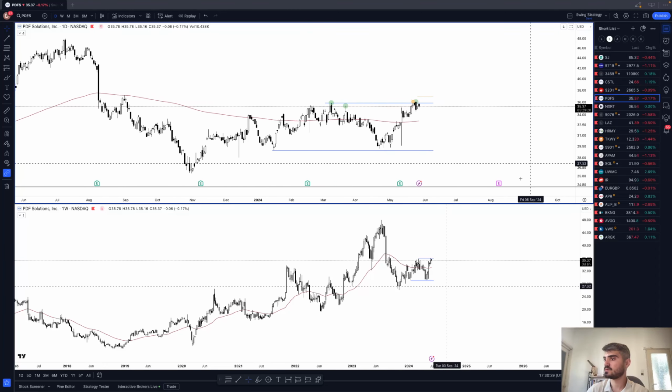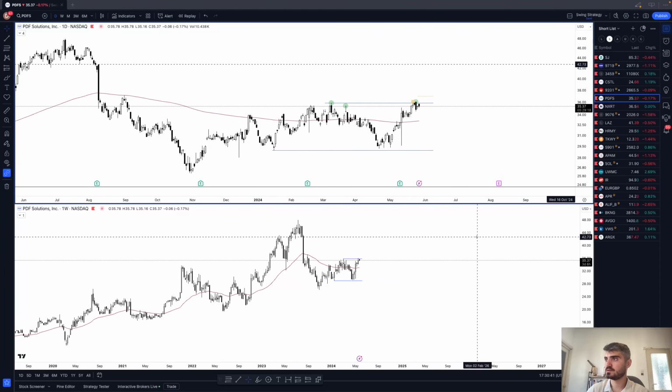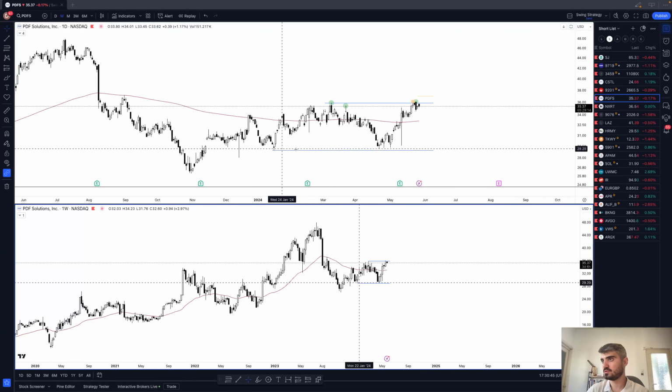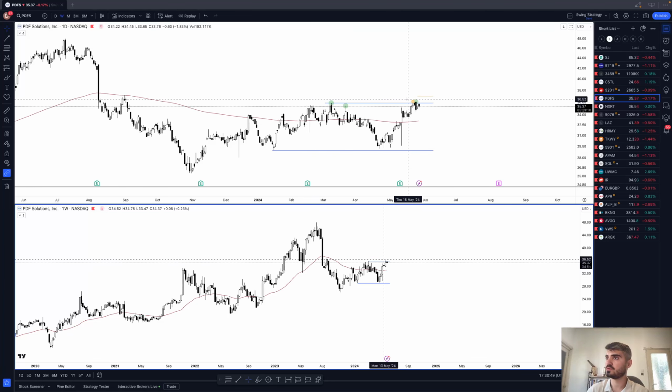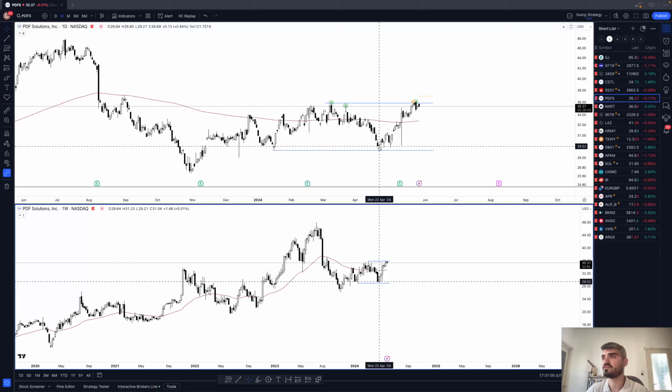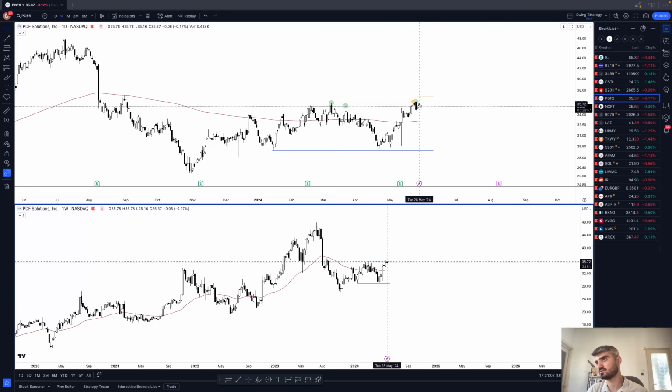PDFS, another rectangle. Nothing much to say about it actually. 2 touches on the lower boundary, 2 touches at the upper boundary. I can say one thing that I don't like about this setup is that I don't have a confirmed second touch.